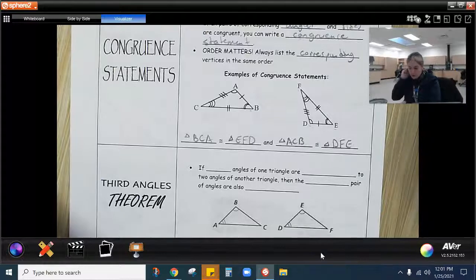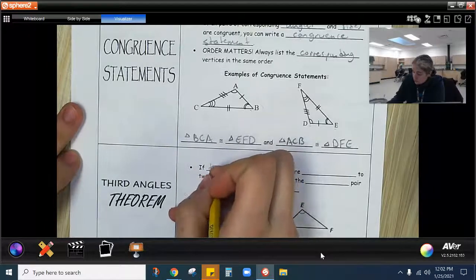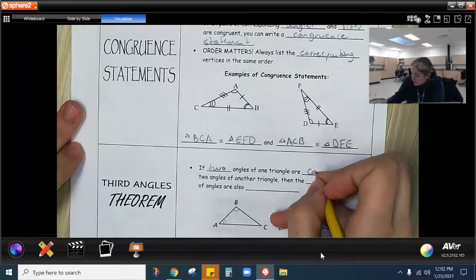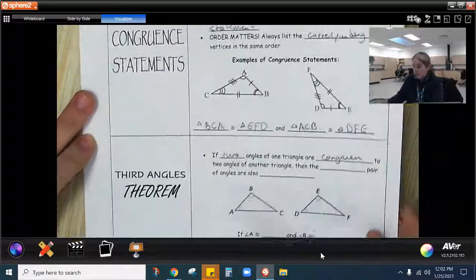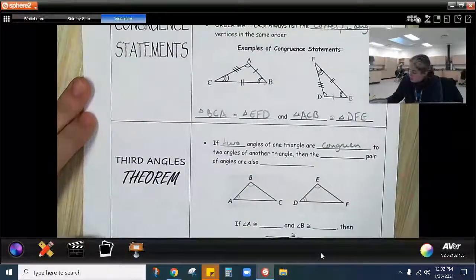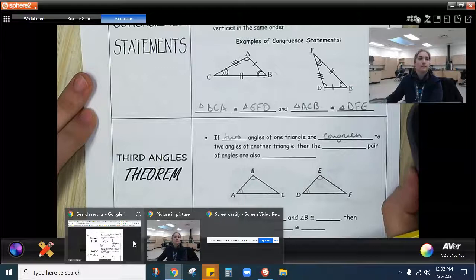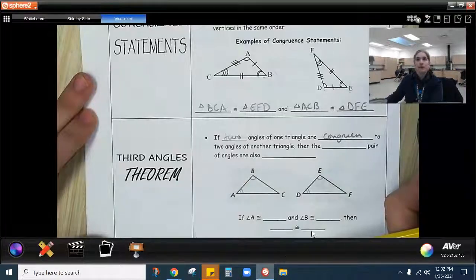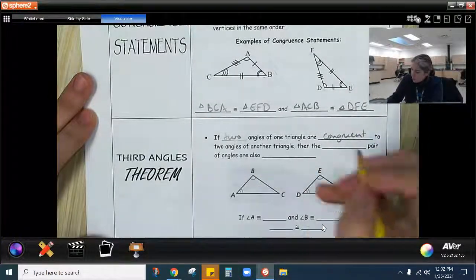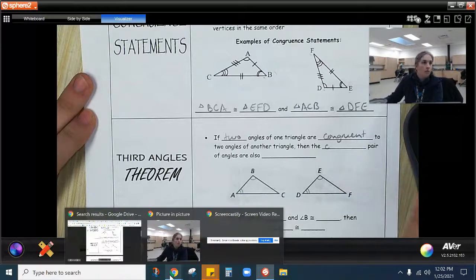So for our third angle theorem here, if two angles of one triangle are congruent to two angles of another triangle, then the third angles are also congruent.